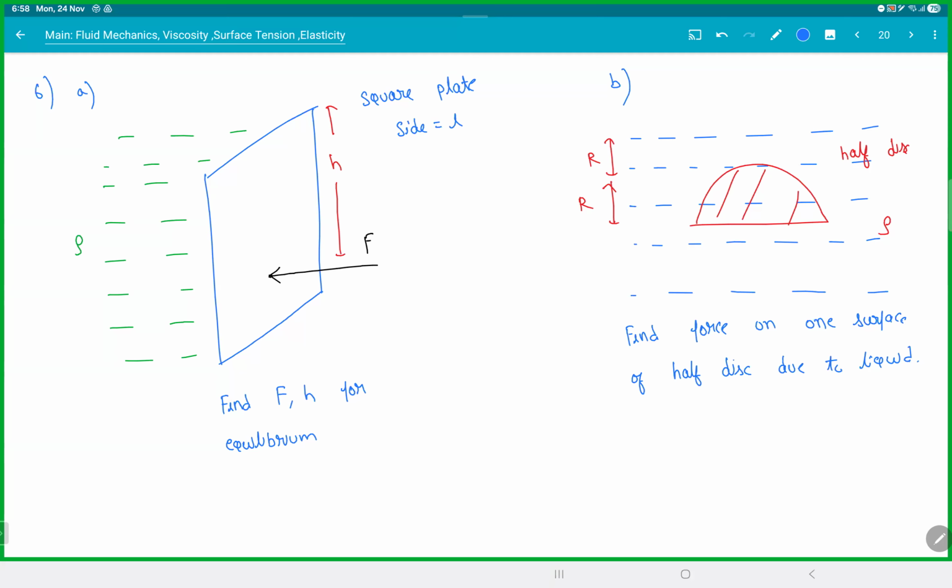You just take the center of mass and finish it off. But if you want torque, life is not easy. You have to integrate. Or if they really want to mess up, they will do something like this. They will say density rho is equal to rho naught y, where y is the depth. So then you should still know how to integrate the stuff. So let me show you.